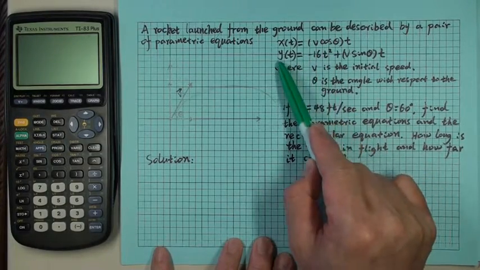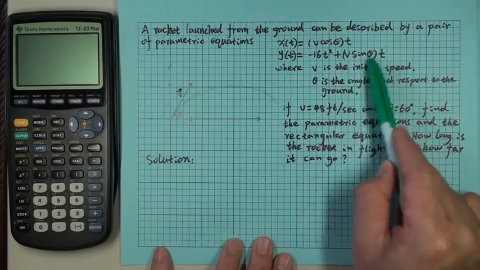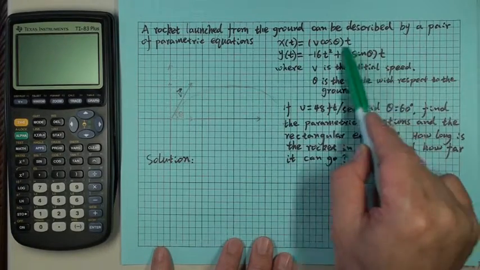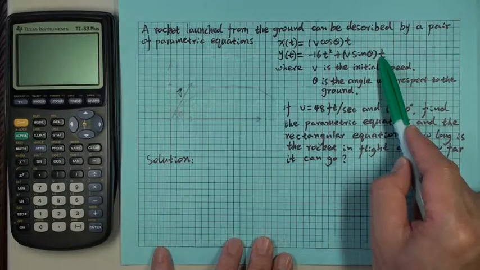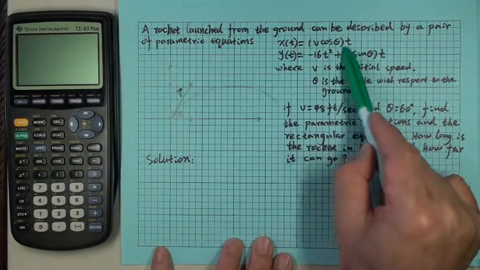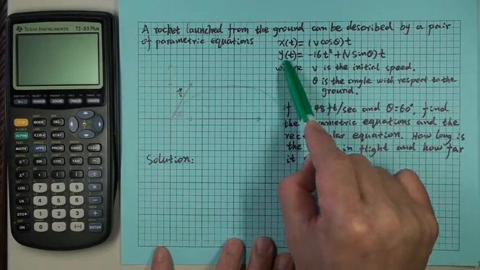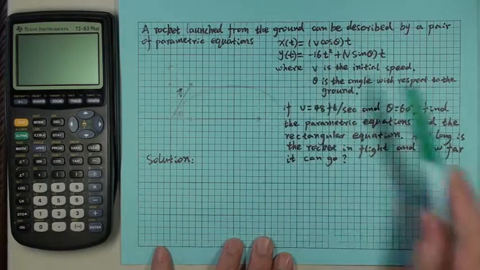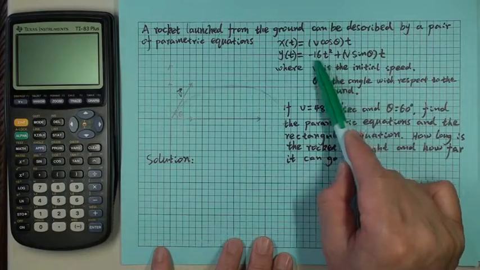So horizontally, this is the equation to describe it, and vertically we have gravity, which is how this equation comes about.